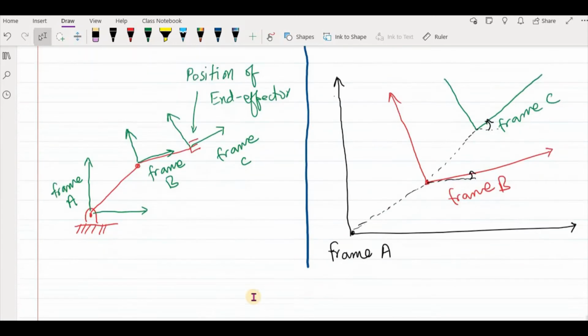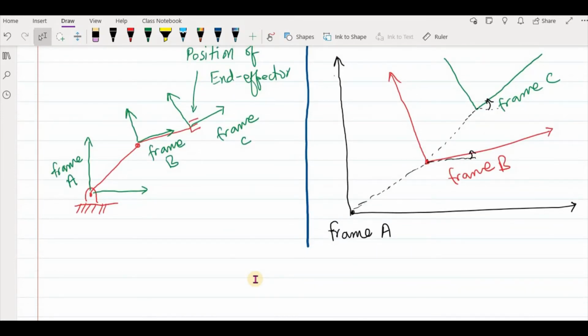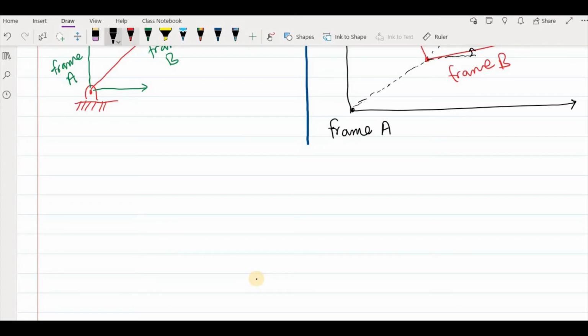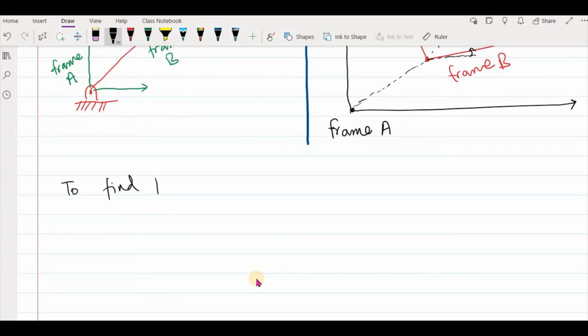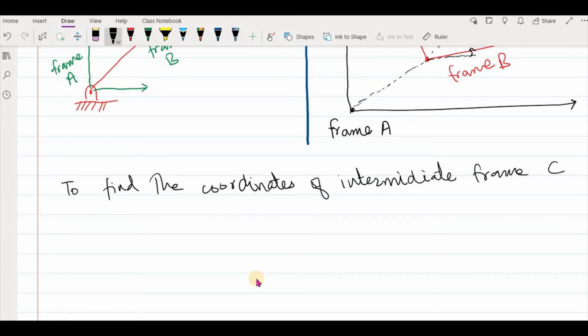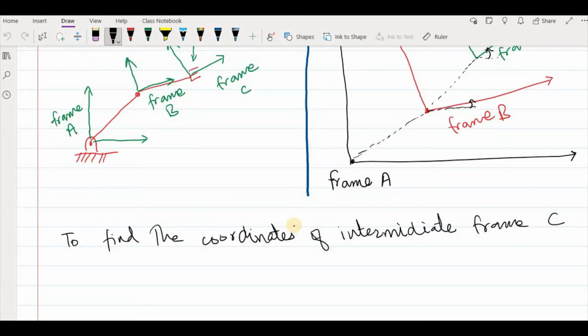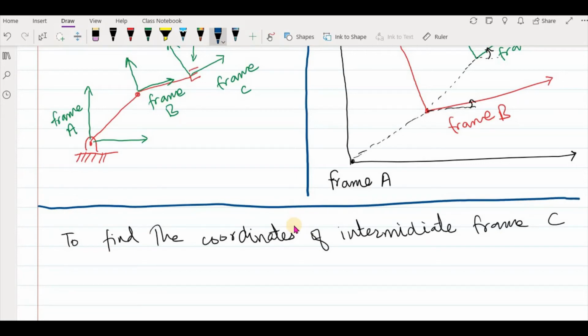Okay, so let's begin. To find the coordinates, intermediate frame C. Okay, to simplify things, what we can do is take a point here.